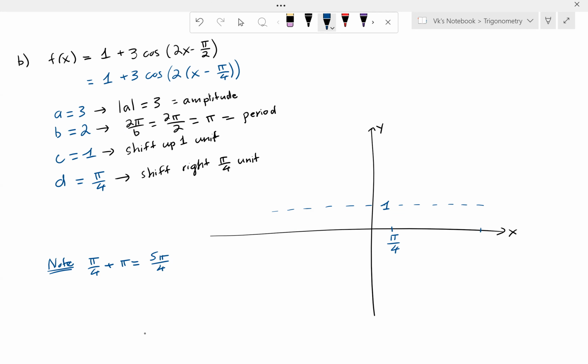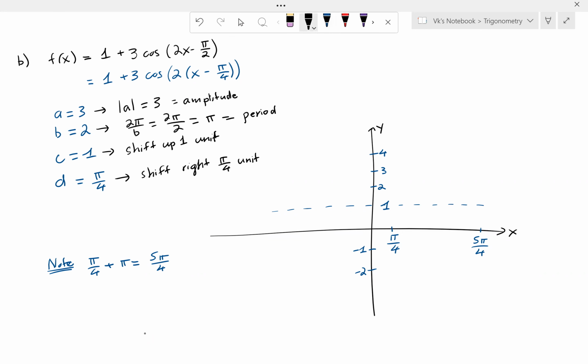Somewhere right here is 5 pi over 4. We know that the amplitude is 3. You got to go up by 3: 2, 3, 4. Yay! Minus 1, minus 2. Go down by 3. And this is the cosine function.